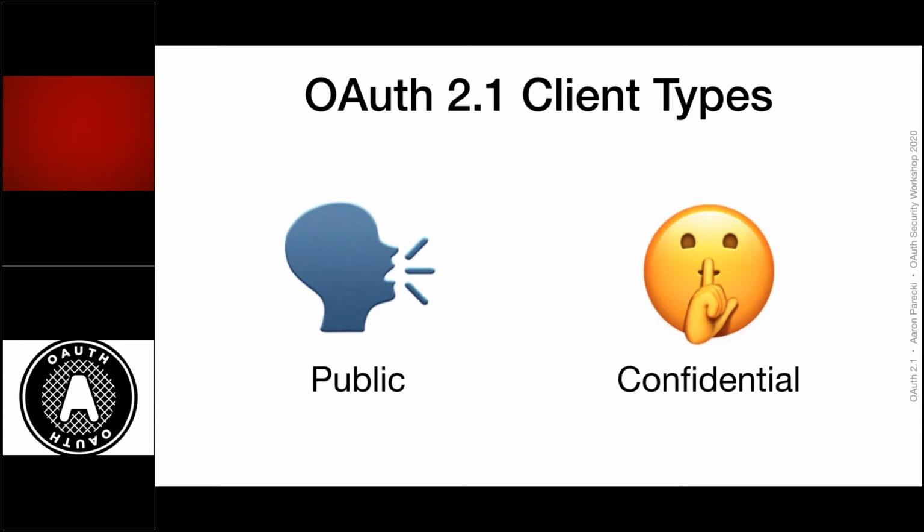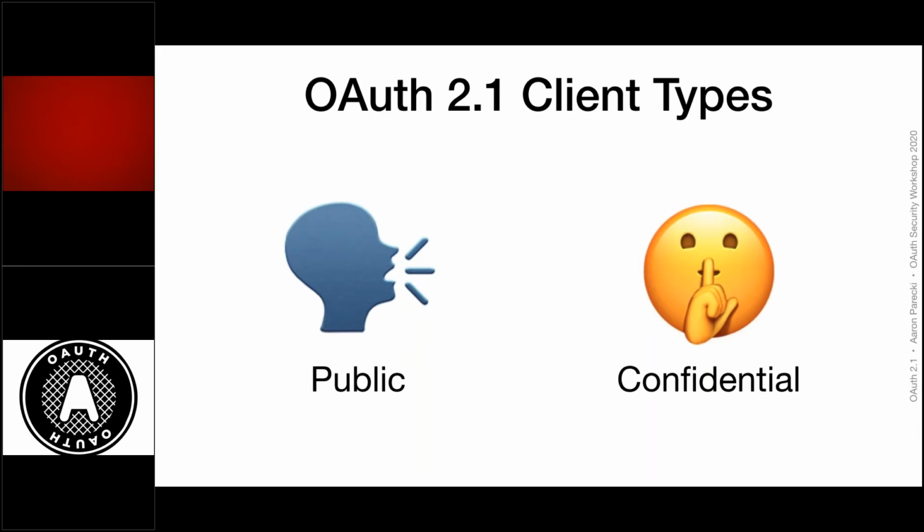So you might be thinking, well, if you're adding a new client type, isn't that new functionality? But I want to describe what's actually going on here. OAuth 2 defines two client types, public clients and confidential clients. And in its description, it says that public clients don't have the ability to maintain a secret.